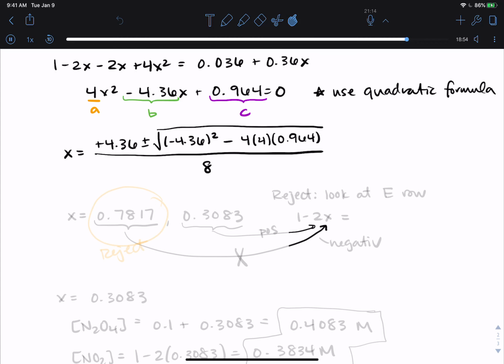When you get the two answers out of this, one of them is 0.7817 and the other is 0.3083. So neither one is negative. We don't have a really obvious one to reject here.